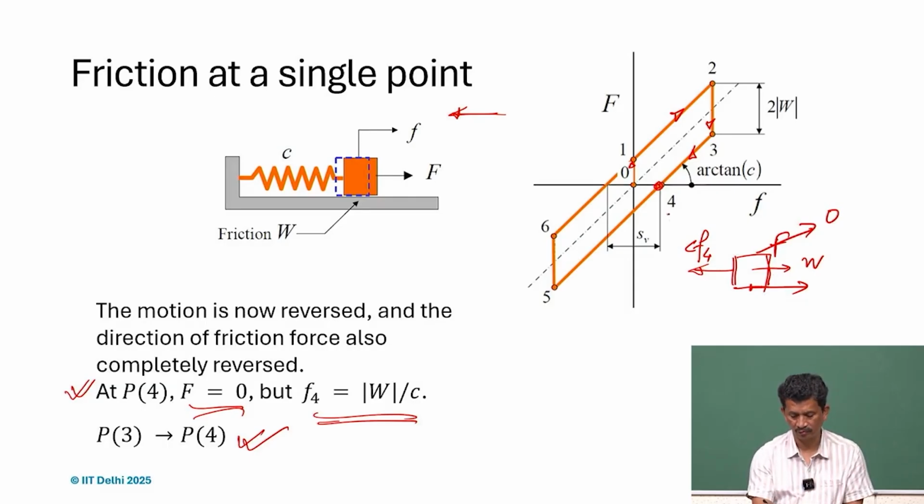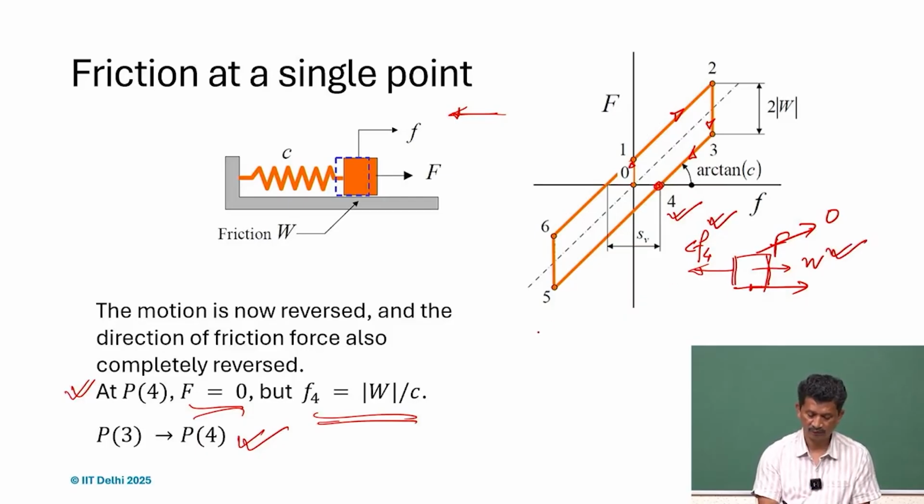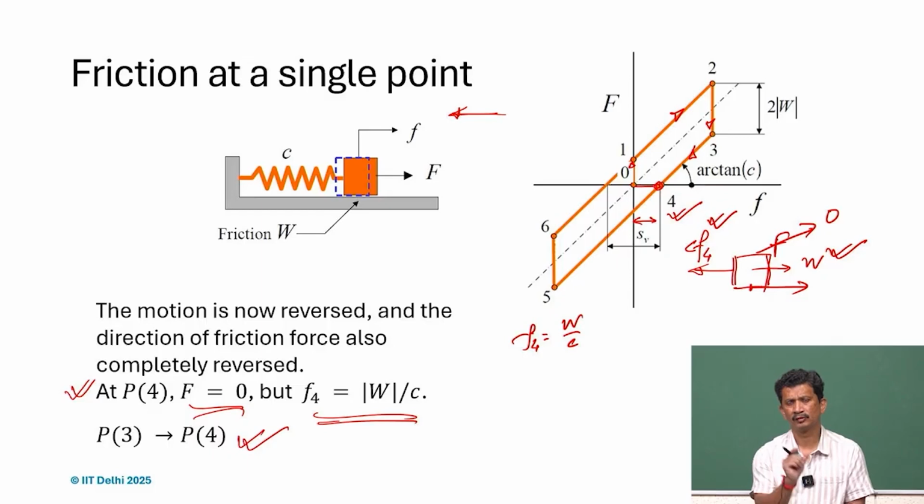So there is no force, but we have a deflection. And what is that deflection? Because the spring force is balanced by the friction force, that deflection x4 is W by C. So this is the value we have, x4.